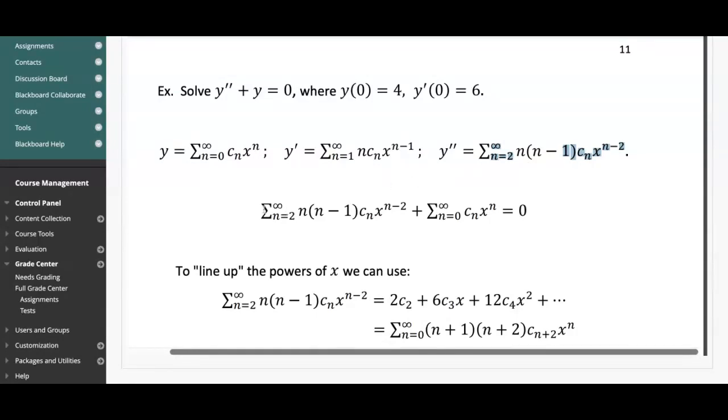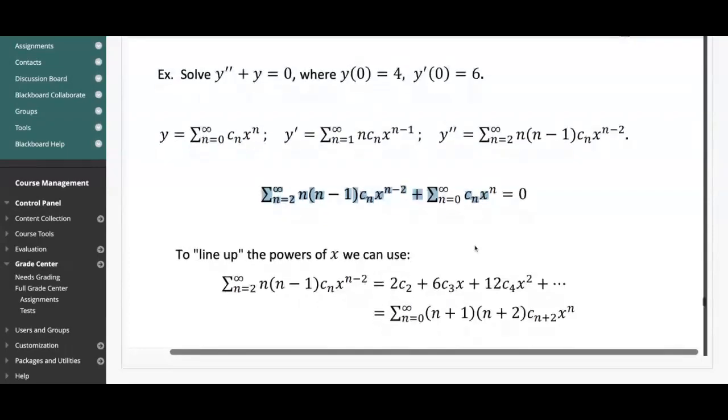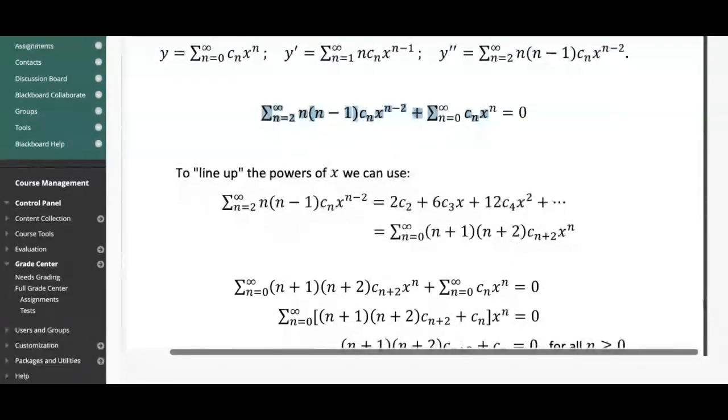Then we plug back in to the differential equation to line up or reindex. Okay. So this n starts from 2. We want n to start from 0. So basically, we let n equal k plus 2. Then change k back to n.